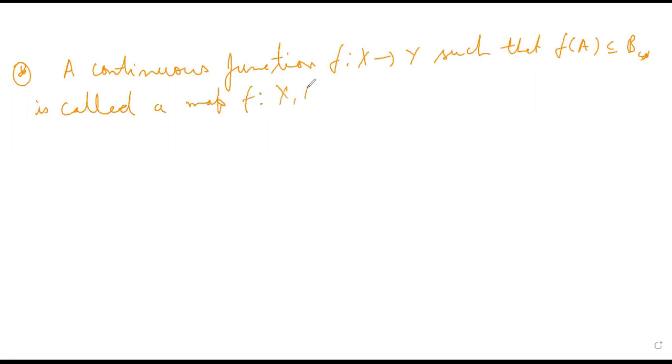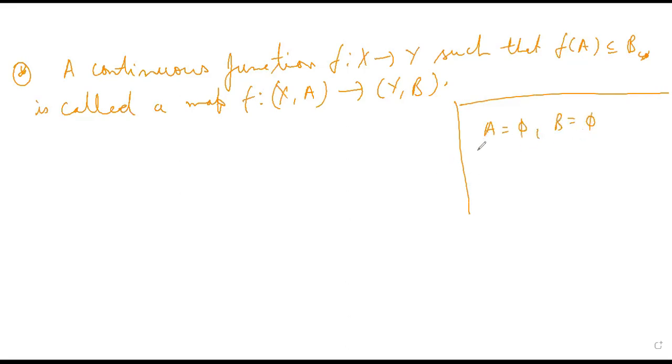In particular, if A is empty and B is empty, then what is a map from (X, empty) to (Y, empty)? This is denoted by X itself, and Y likewise.